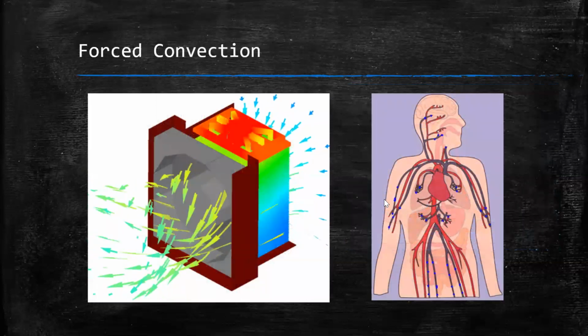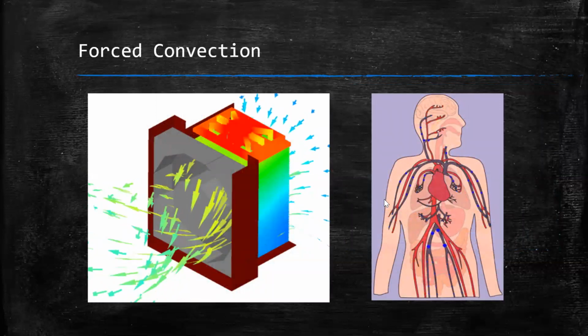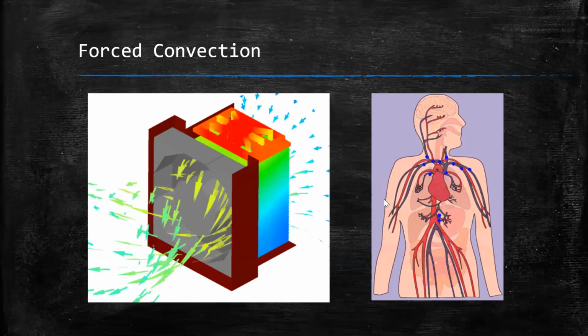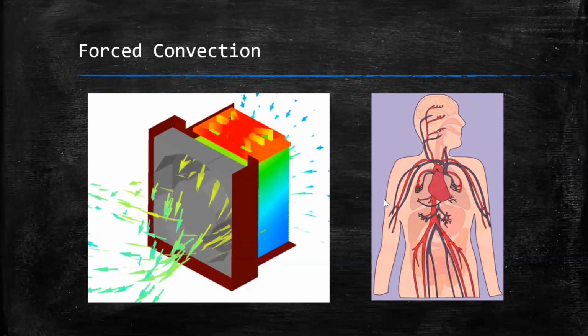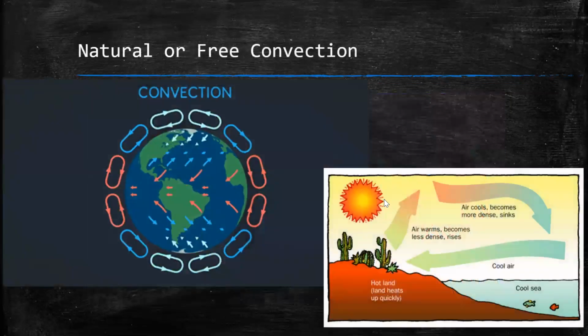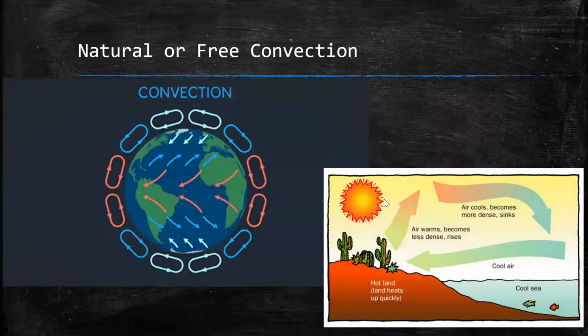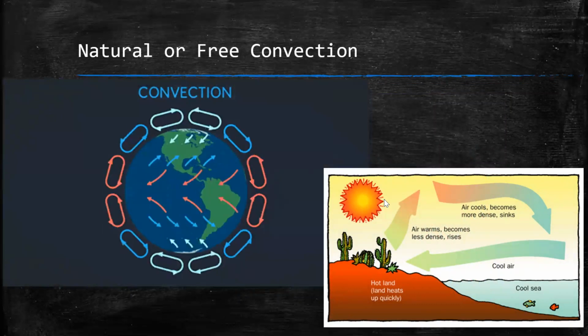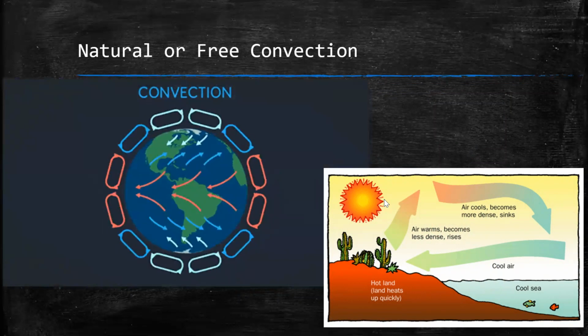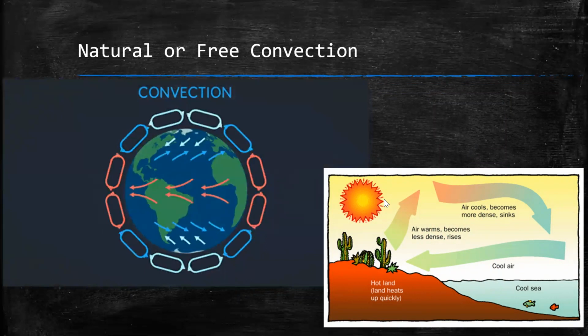Our body constantly transfers heat in one direction or another to prevent the adverse effect of hypothermia or hyperthermia. Free convection in the atmosphere plays a dominant role in determining the daily weather, and convection in the ocean is an important global heat transfer mechanism.